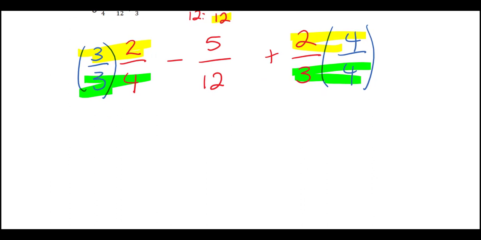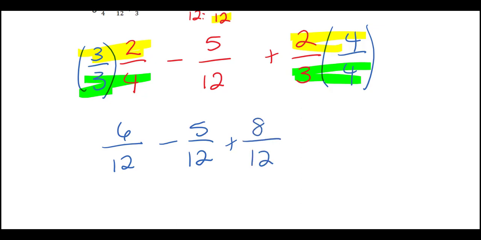So let's do that from left to right. 3 times 2 is 6 over 12, minus 5 twelfths, plus 2 times 4 is 8, over 12. Then we work left to right. 6 minus 5 is 1, and then plus 8, that would be 9 over 12.